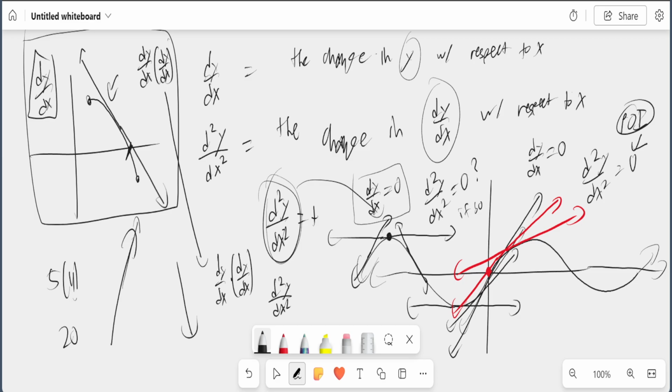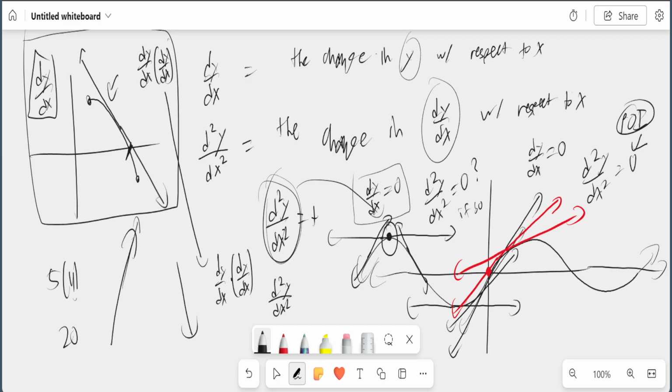But if we look at sin x, wouldn't the double derivative be positive at that point? Okay, so dy dx is 0 at that point, we can agree on that, right?